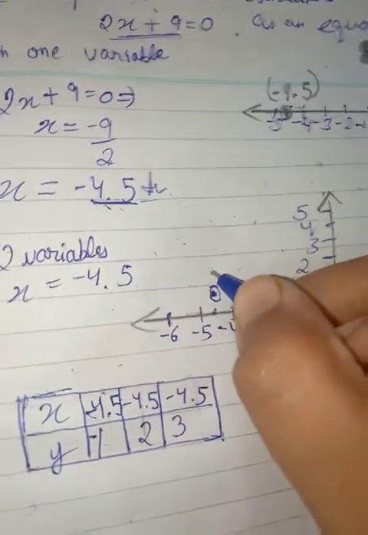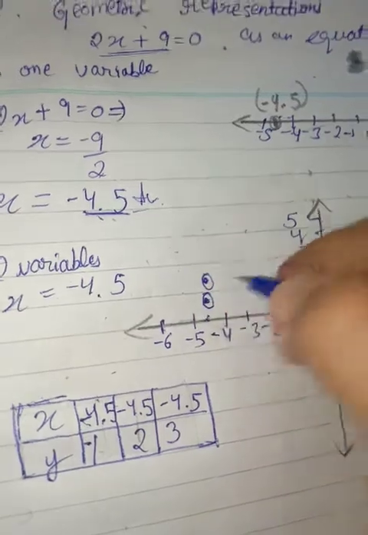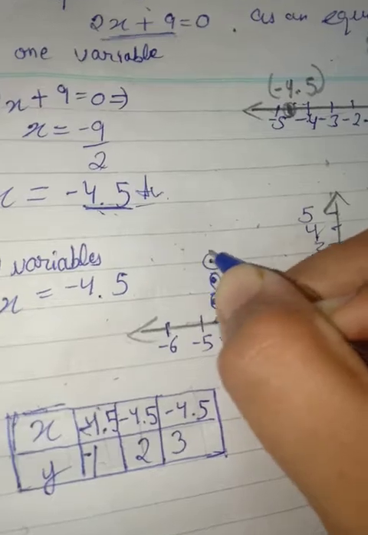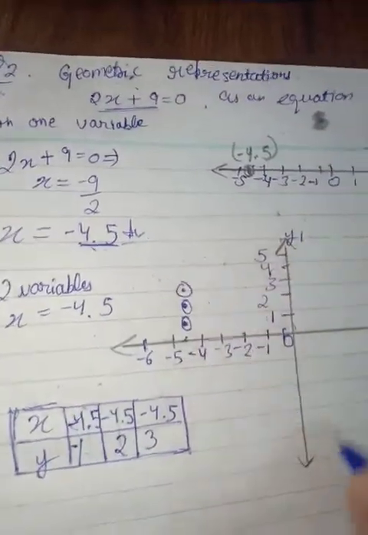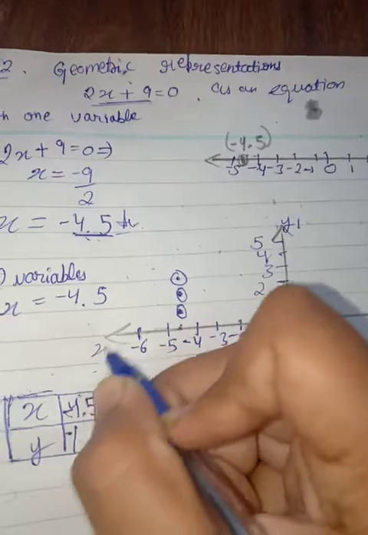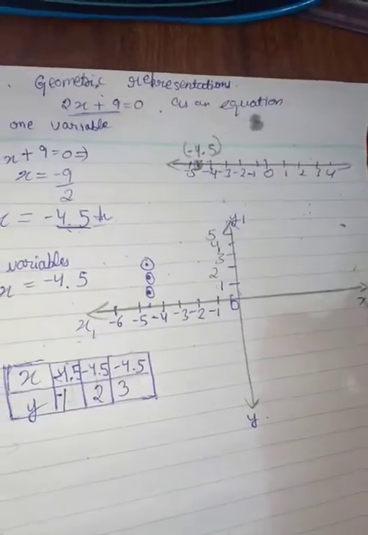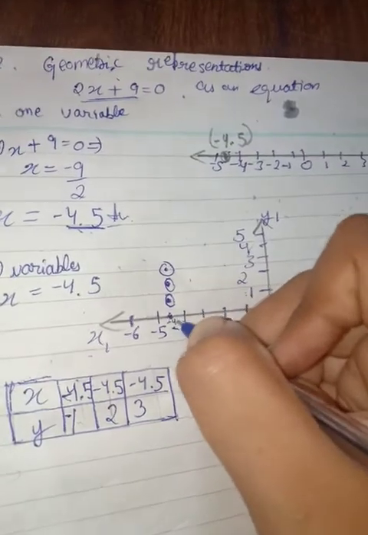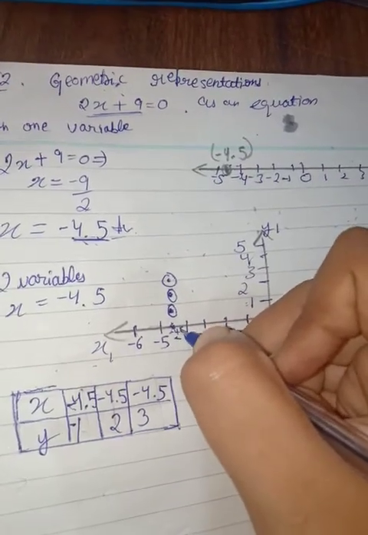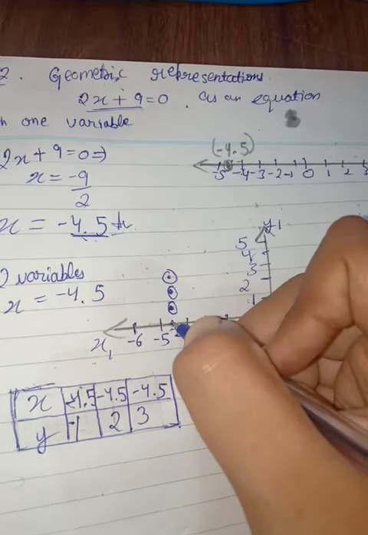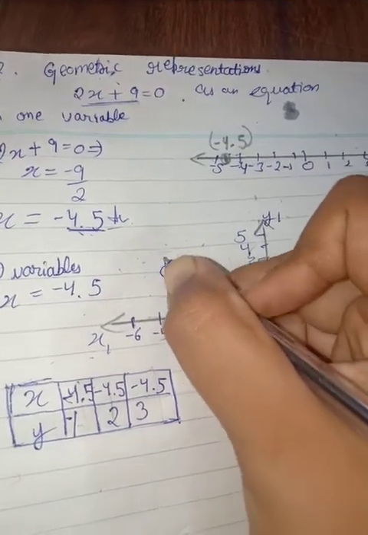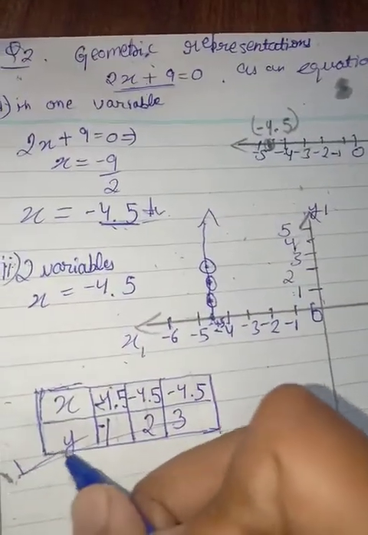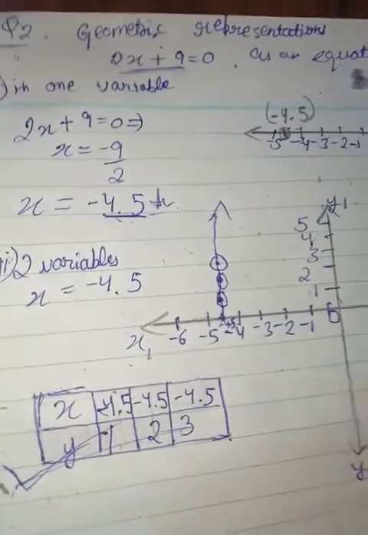Second is this one, and third is this one. This is the y-axis and this is the x-axis. This is minus 4.5. So we are getting one straight line. Hence all our answers are correct.